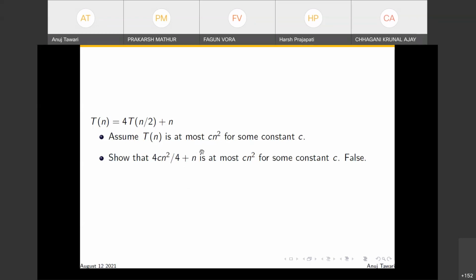So does this imply that T(n) equal to order of n square is false? Is not a solution to this?